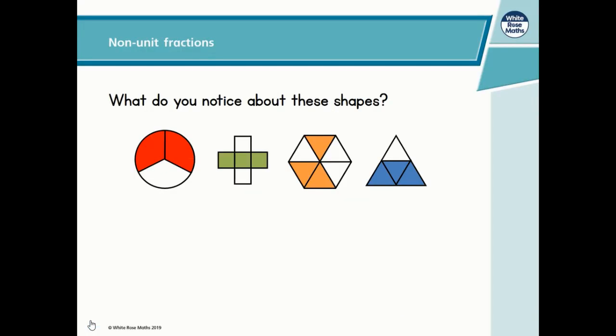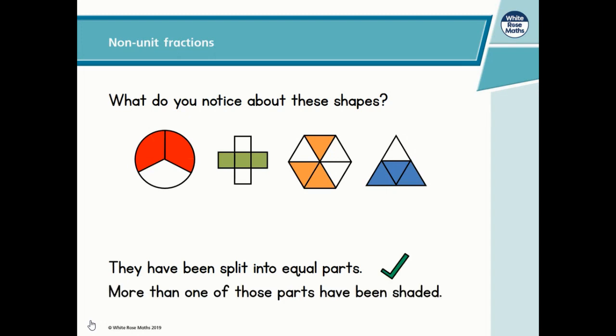Okay, non-unit fractions. Once again, what do you notice about these shapes? Yes, you're very good at this now. They have been split into equal parts, and this time, more than one of those equal parts has been shaded.